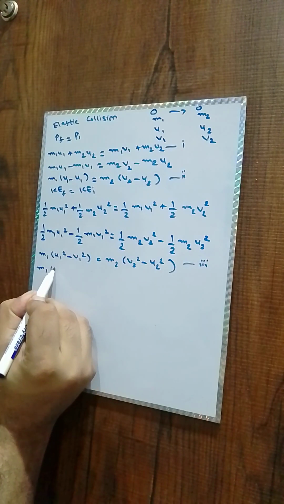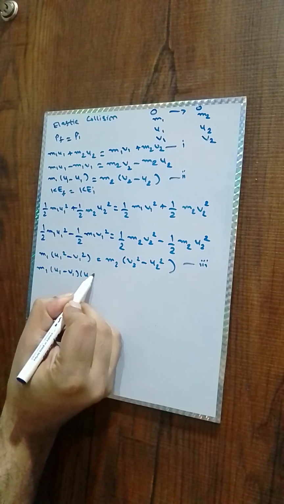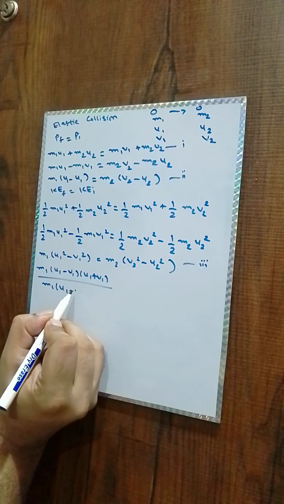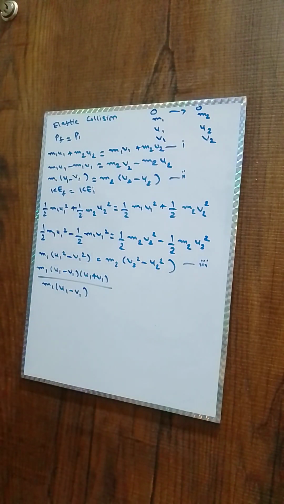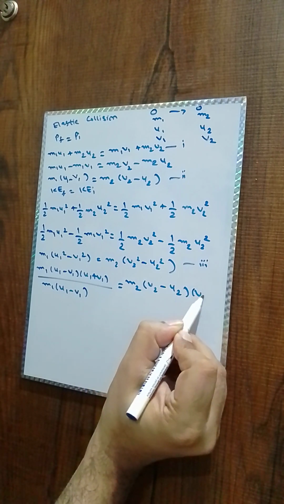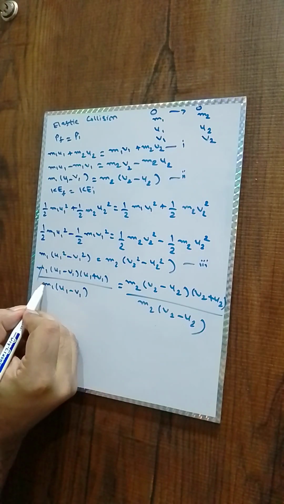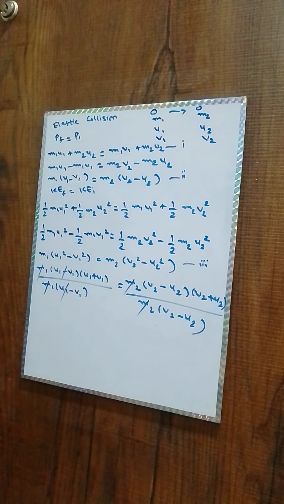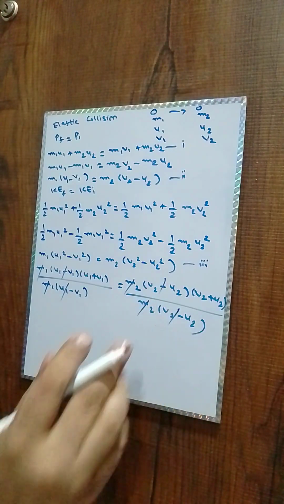So what we get is m1 (u1 minus v1)(u1 plus v1) divided by m1 (u1 minus v1), and m2 (v2 minus u2)(v2 plus u2) by m2 (v2 minus u2). m1 and m1 cancel out, m2 and m2 cancel out, u1 minus v1 cancels out with u1 minus v1 below, and also v2 minus u2 cancels out above and below.